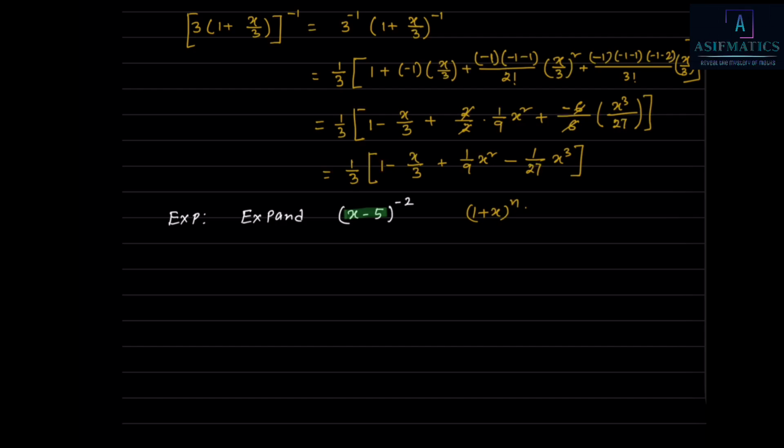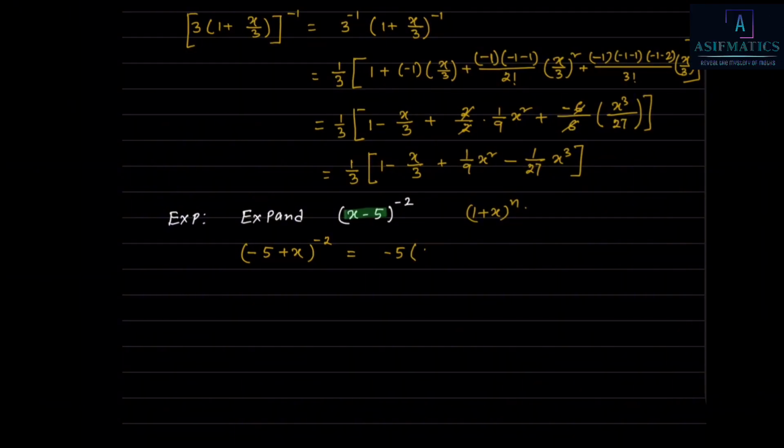So what to do? Change it. Bring the 5 in front. So we can write this one as minus 5 plus x to the power minus 2. But still, the 1 is not there. It is minus 5. So we need to bring 1, okay? So from here, we take minus 5 outside as common.